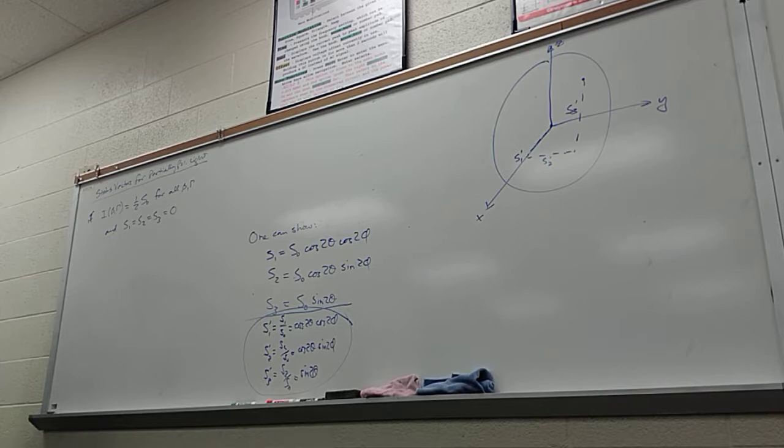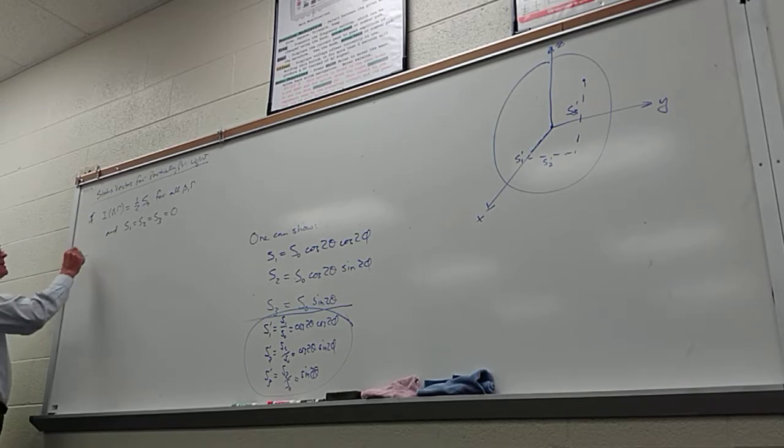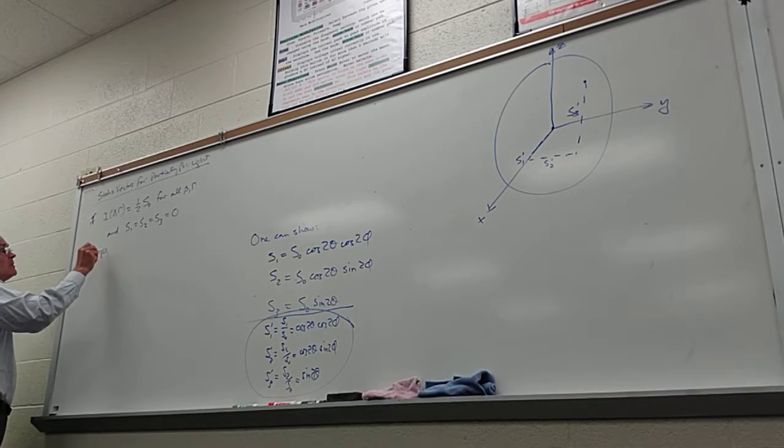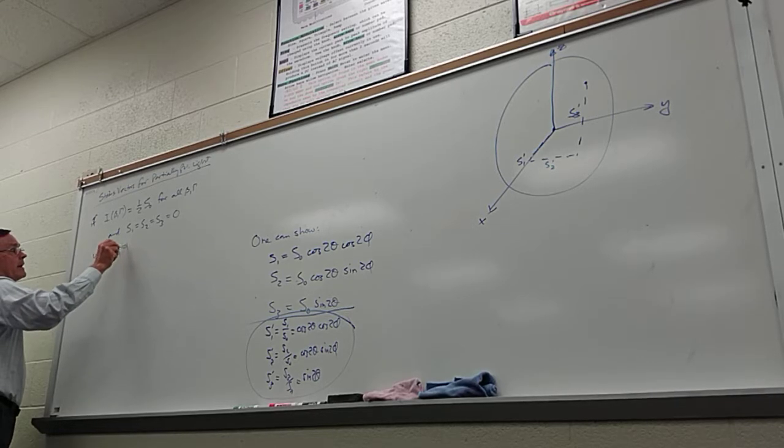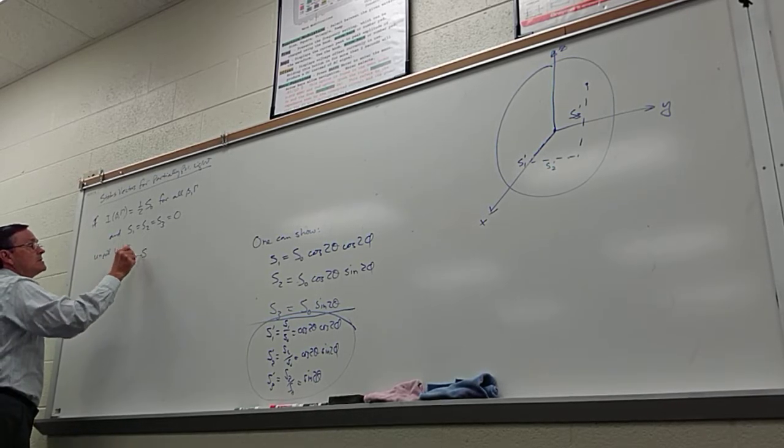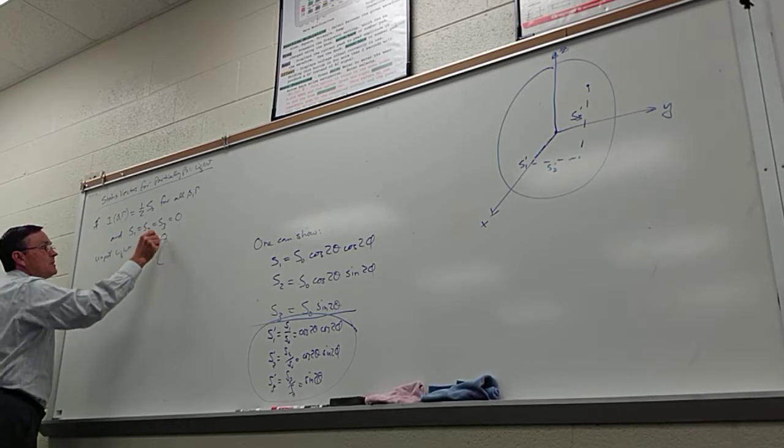So this would be unpolarized, and our Stokes vector would just be 1, 0, 0, 0.